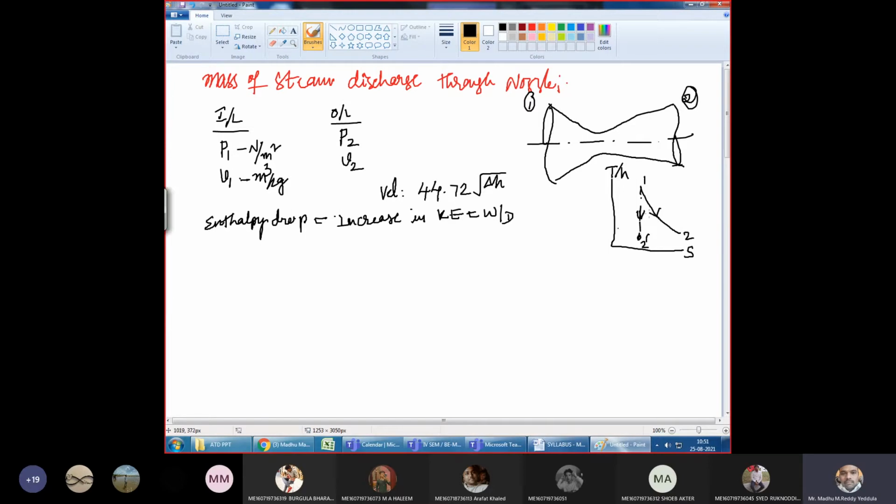Right. Now, let us assume the expansion of the steam follows polytropic, PV power n equals constant. So the enthalpy drop is nothing but the increase in the kinetic energy, that is nothing but work done during the expansion process, the polytropic process.